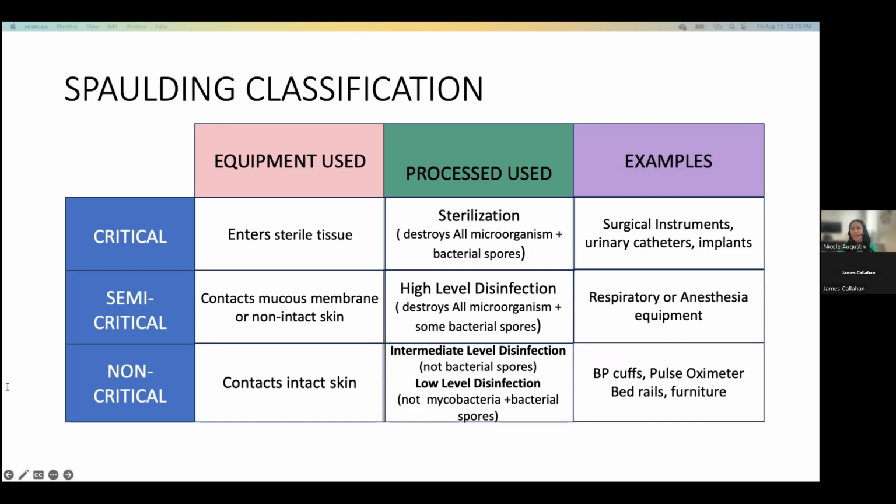Intact skin acts as a barrier to most microorganisms, so the sterility of items coming into contact with the skin is considered not critical. It can be divided into two categories: non-critical patient equipment, as I mentioned, like your blood pressure cuff, or non-critical environmental surfaces, such as your bedside furniture, counters, and sinks.